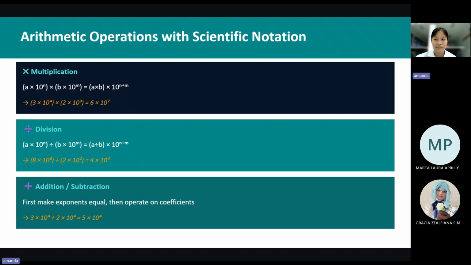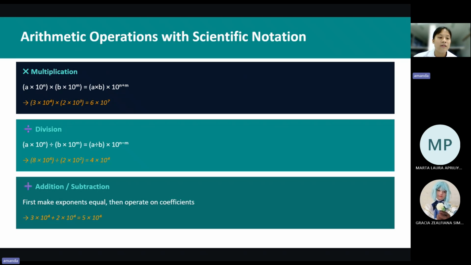In symbols, a times 10 to the power of n divided by b times 10 to the power of m equals a divided by b times 10 to the power of n minus m. Example: 8 times 10 to the power of 6 divided by 2 times 10 to the power of 2 equals 4 times 10 to the power of 4.